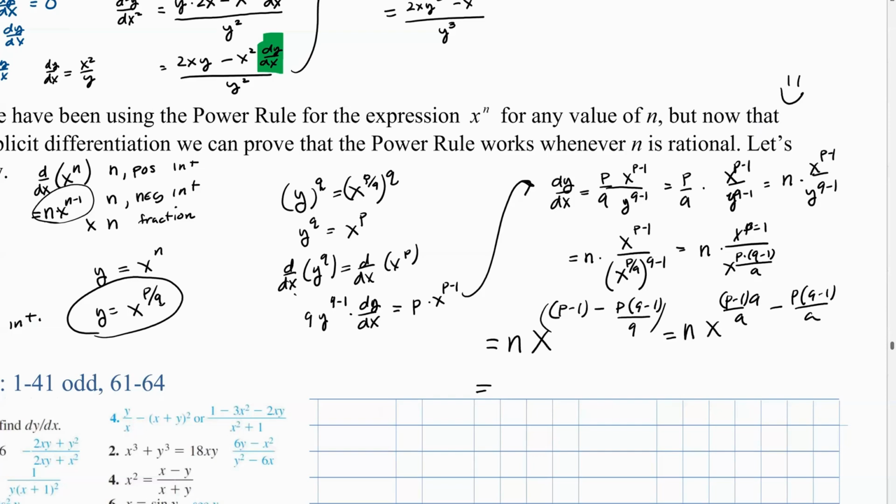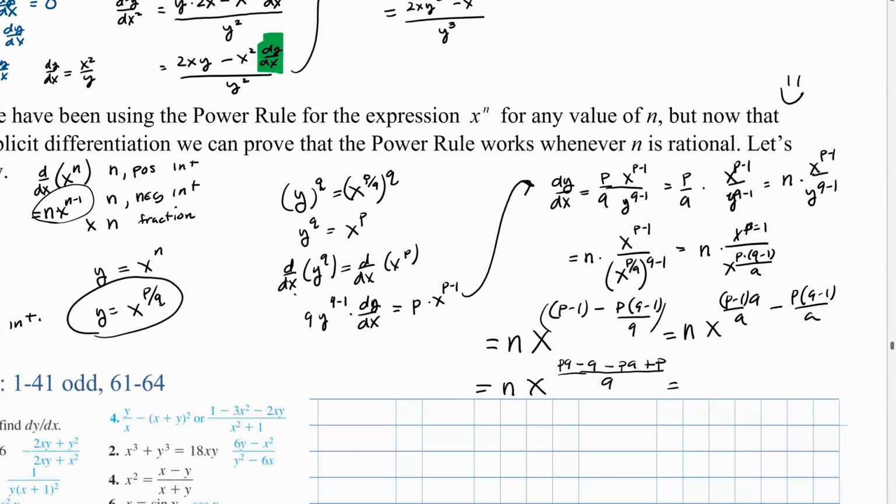Let's take all of that numerator stuff and put it over one common denominator, which is q, and that is pq minus q minus pq plus p. And again, all of that exponent is over q.